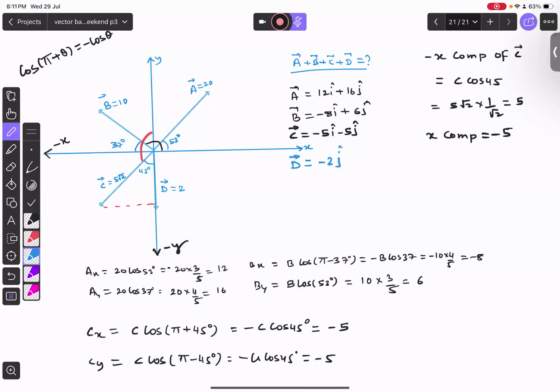Now when I have to add A, B, C and D, it's easy. You add all the x components together: 12 minus 8 minus 5 i cap. You add all the y components together: 16 plus 6 minus 5 minus 2 j cap. And that will give us the result in terms of components.